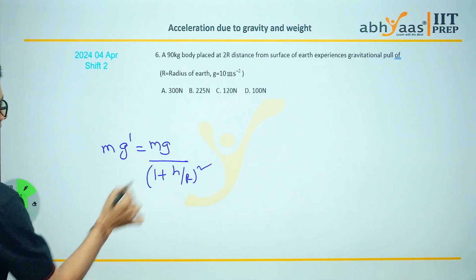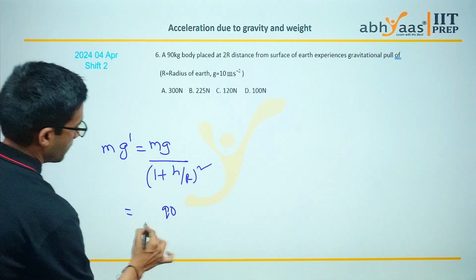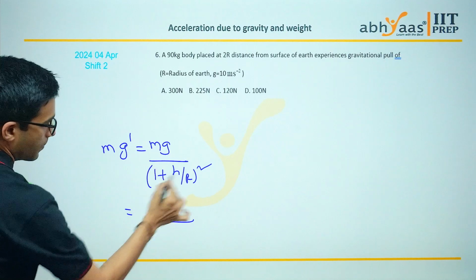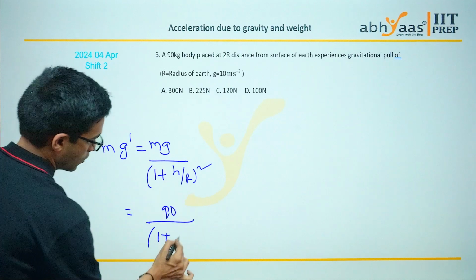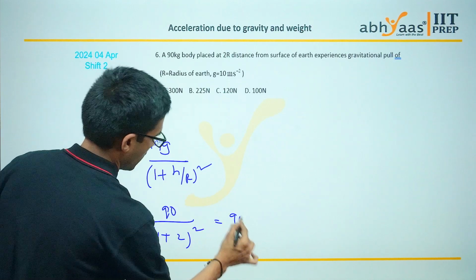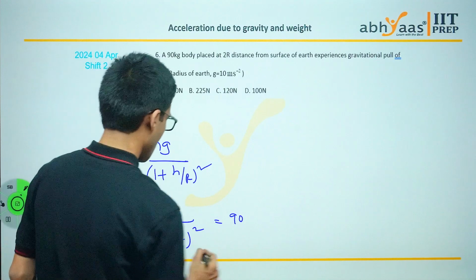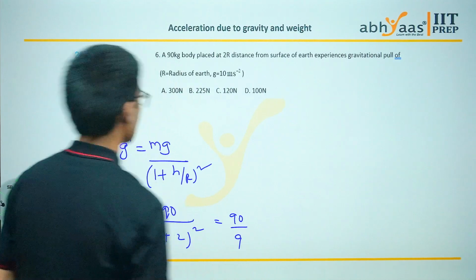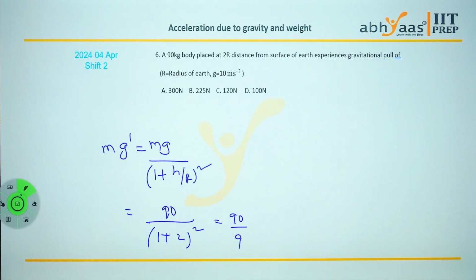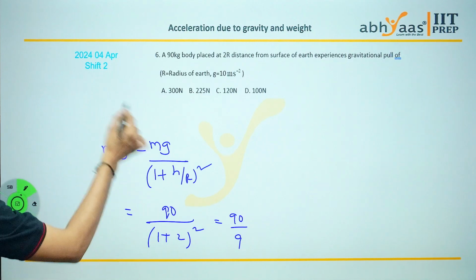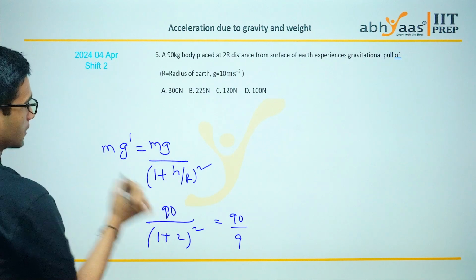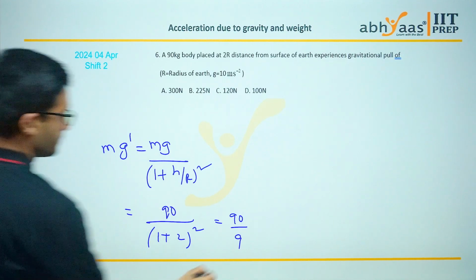Only 90 kg is given, so mg is 90 into 10. Then 1 plus 2R by R, that is (1 plus 2) whole square, which is 9. So what will you get? Mass is given, g is given as 10. 90 kg means 9 is the mass.